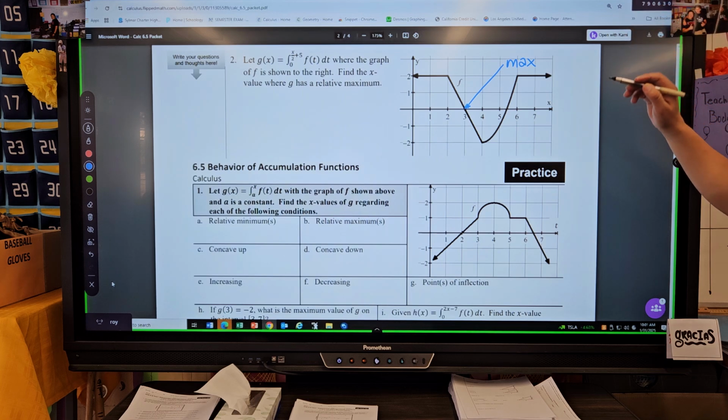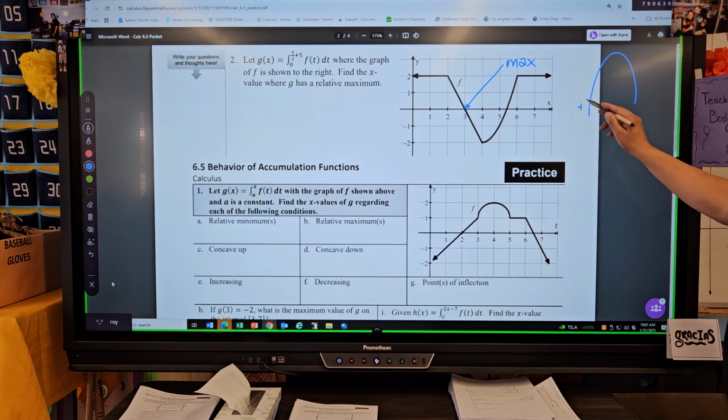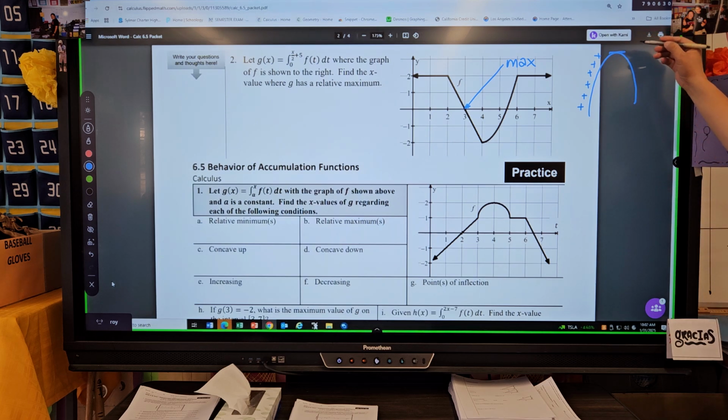If you have this, so what happens? Plus, plus, plus, plus, and then minus. Zero. f prime is 0. So that is why it says from positive to, then right here, down. So negative. From positive to negative. That is the max. How about the minimum?